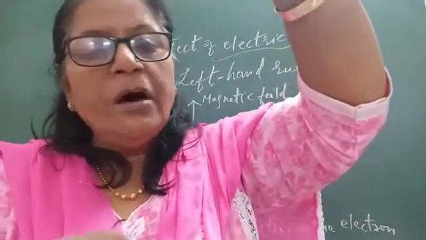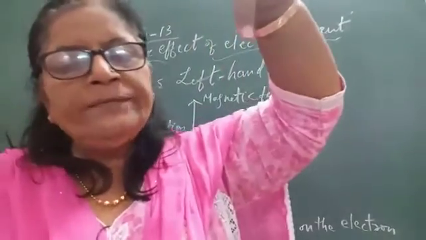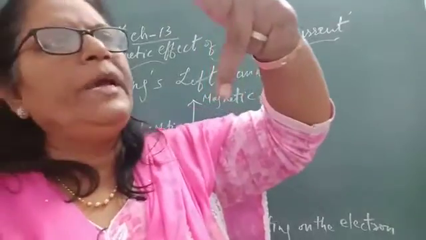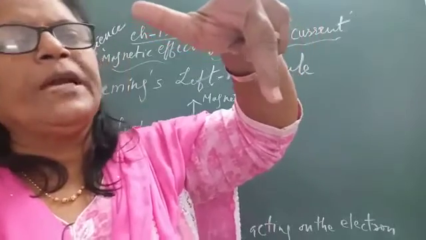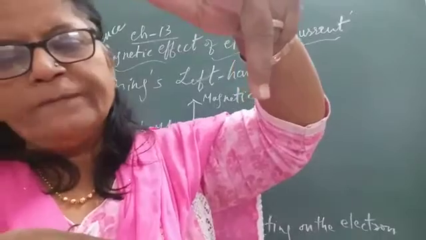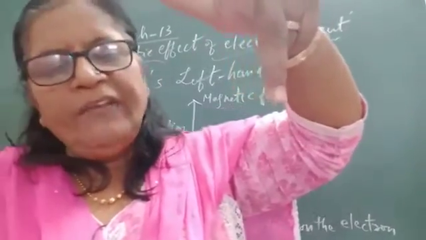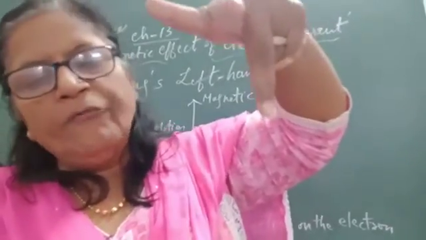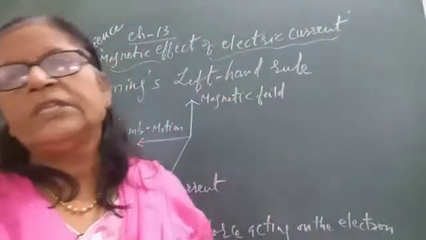Stretch the thumb, forefinger and middle finger of the left hand in such a way that they are mutually perpendicular, meaning the thumb is perpendicular to the forefinger and the forefinger is perpendicular to the middle finger. If the first finger, the forefinger, shows the direction of the magnetic field, and the second finger, the middle finger, shows the direction of the current, then the thumb will point in the direction of motion or the force acting on the conductor.